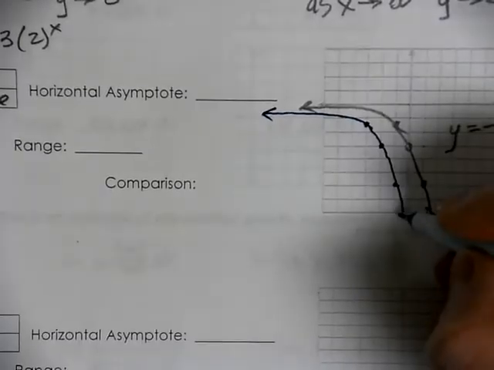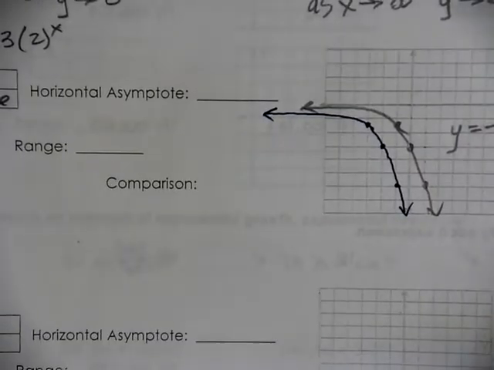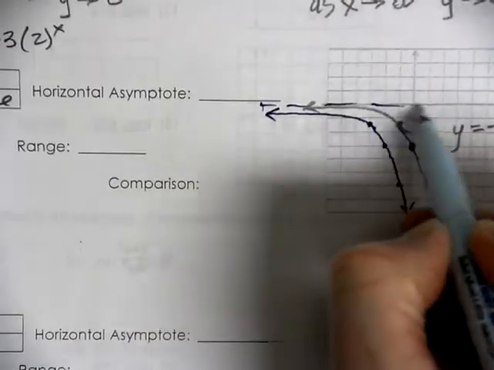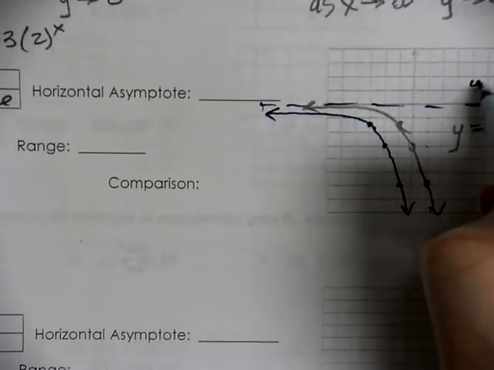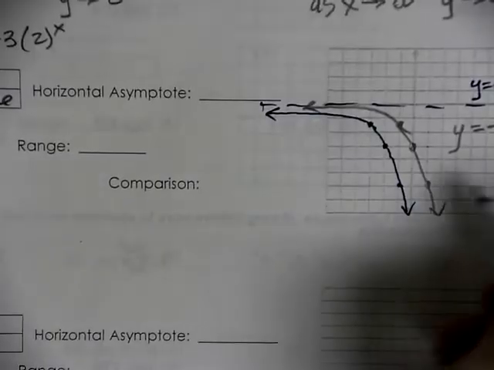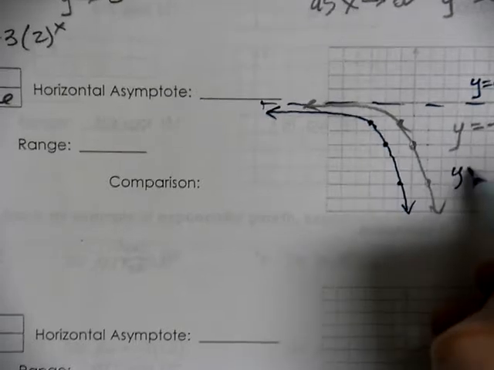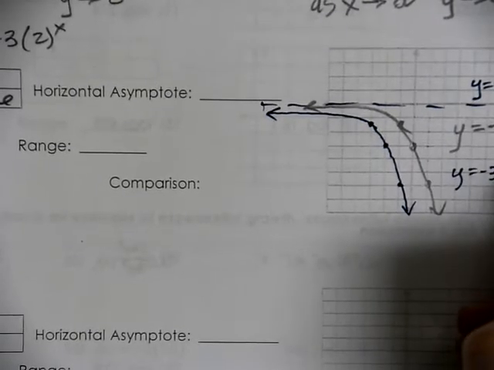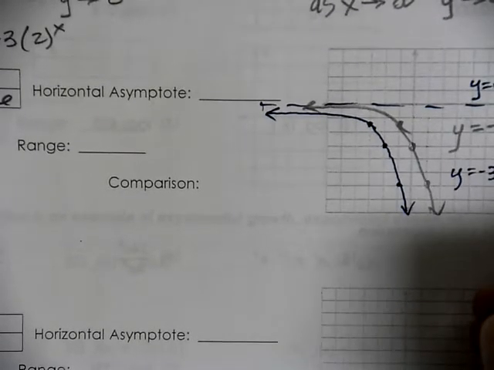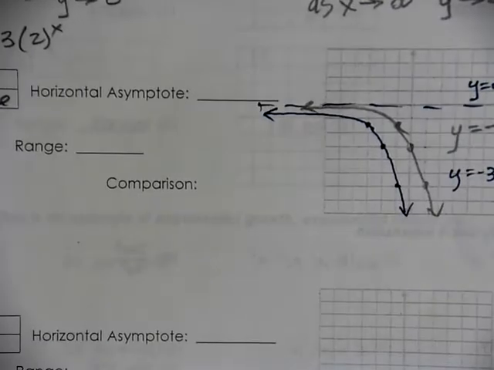It's still approaching that x-axis. Still has an asymptote right here at y equals 0. And the blue graph is y equals -3, 2 to the x plus 2.